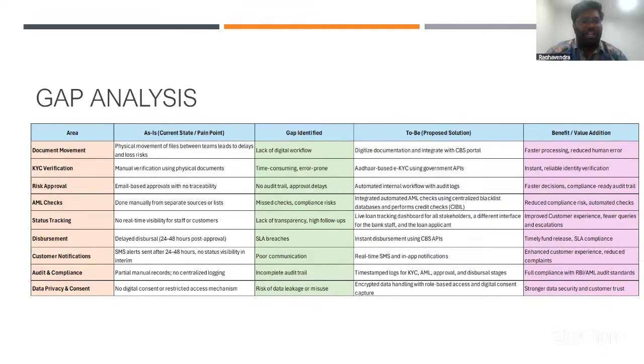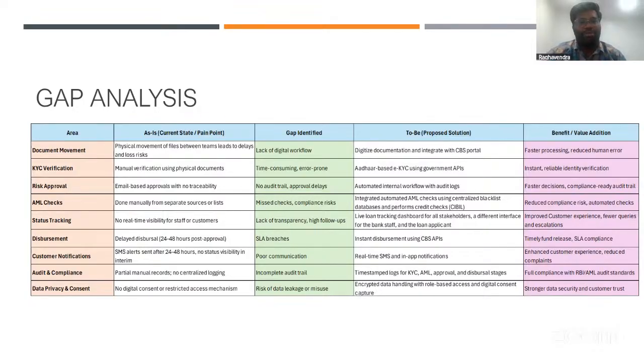So we have identified it's taking too much time to identify the errors, and also there's a trust inbuilt in the system. So the customer wanted it to be very instant, not taking too much time, and also reliable identity verification, which in short eradicates all the fraudulent activities in the bank.